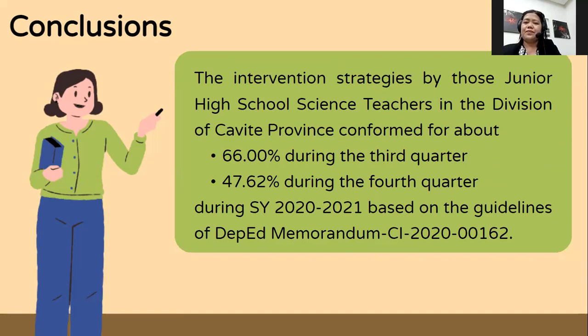The intervention strategies also conform for about 66% during the third quarter and 47.62% during the fourth quarter for school year 2020 to 2021, based on the guidelines of the DepEd Memorandum CI 2020-00162.